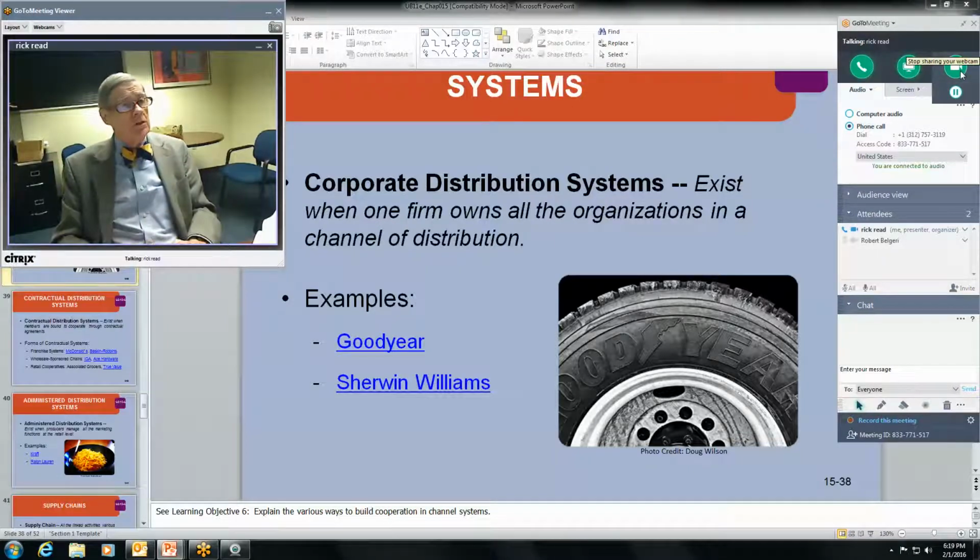Also, Sherwin-Williams paints. The firm, Goodyear in this case, owns everything that goes on within this distribution system. They own the stores, etc. Everything in the channel of distribution.